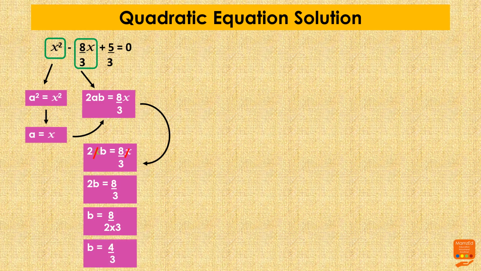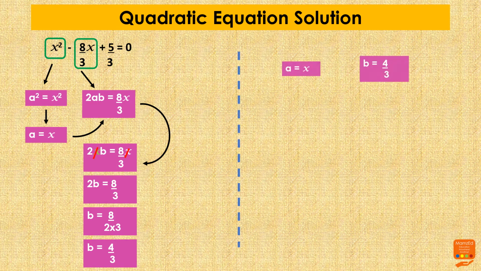So just by rearranging the quadratic equation that we were given and comparing it with a squared plus b squared minus 2ab, we can see what a and b actually are. And we will use this knowledge to complete the square and find a solution for the quadratic equation.